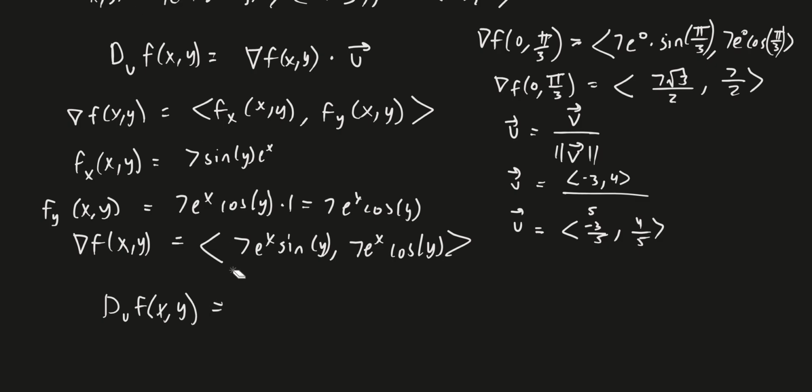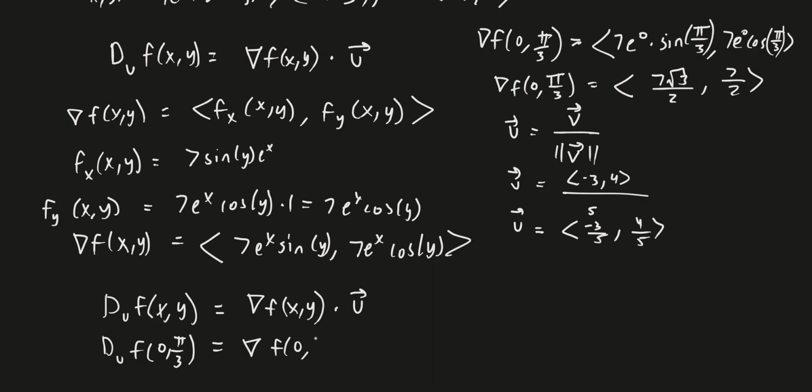That's equal to the gradient at (0, pi over 3) dot with the unit vector, and in the next step we can write it all out.